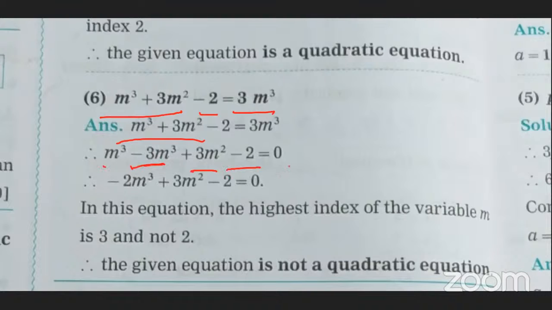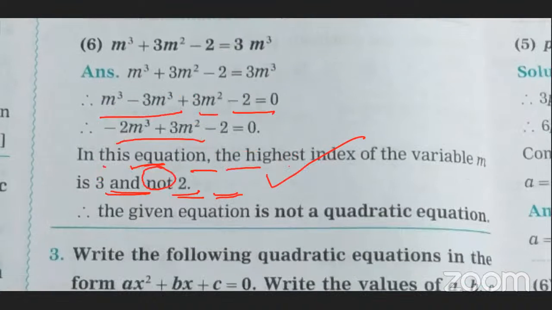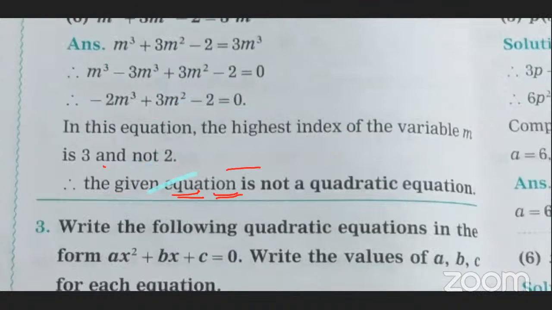So m cube minus 3m cube is minus 2m cube, then 3m square minus 2 equals to 0. Because degree is 3 here, it is not a quadratic equation. Right? It is not a quadratic equation. Am I right?